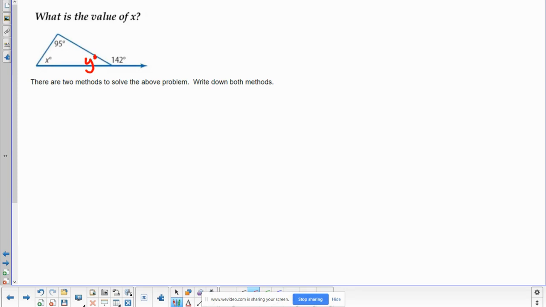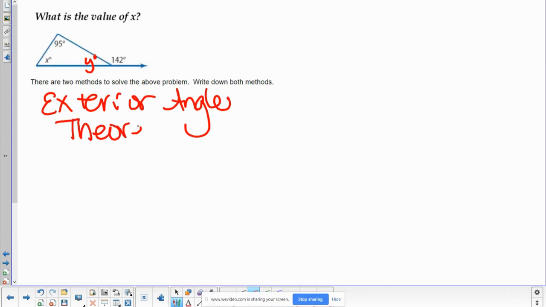I'm going to explain two ways. We're going to start with how you solve for x using the exterior angle theorem. Let's write that down so we can remember our two ways. It states that the sum of the interior angles opposite the exterior angle is equal to the exterior angle.